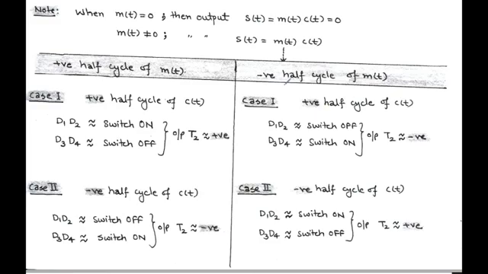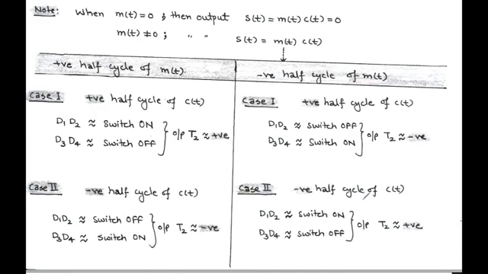Similarly, we consider a second situation where we take a negative half cycle of the message signal and apply a positive half cycle of carrier, that is case 1. In this, the diodes D1 and D2 are reverse biased or switched off, whereas D3 and D4 are switched on, and accordingly we get a negative output at transformer T2.